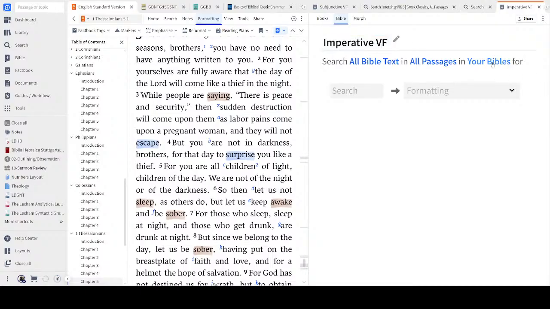Because I don't need it for all my Bibles, I really just need it for the one I'm using. All right, I'm going to deactivate this other visual filter because I don't need it right now.